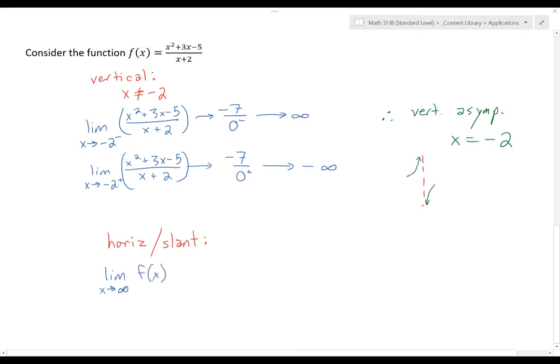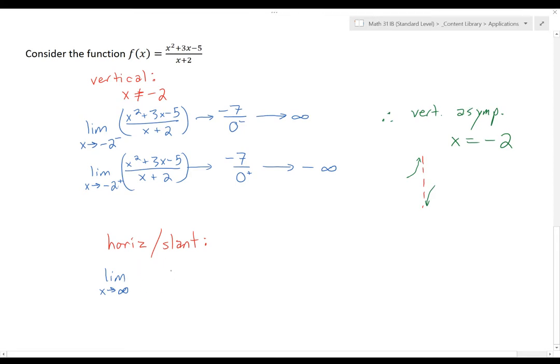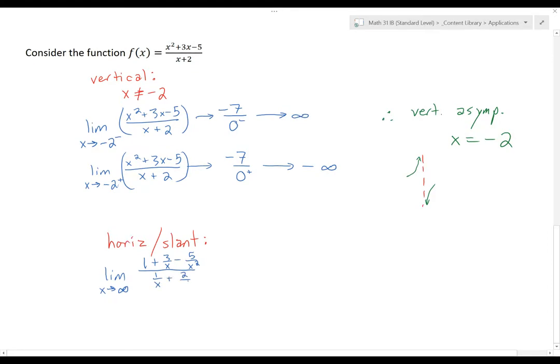But what I now consider is that the numerator has a higher power than the denominator. In other words, if I were to divide out the highest power of x, the x squared, what I would end up with is 1 plus 3 over x minus 5 over x squared divided by 1 over x plus 2 over x squared.